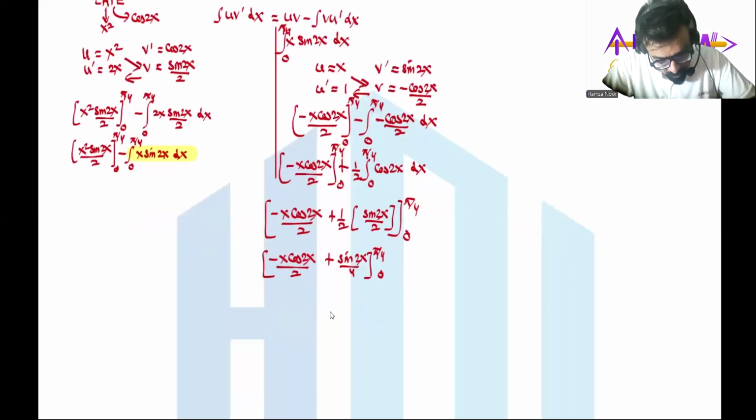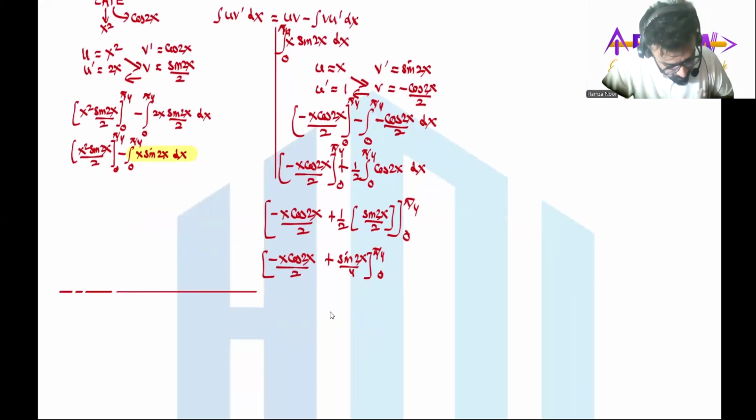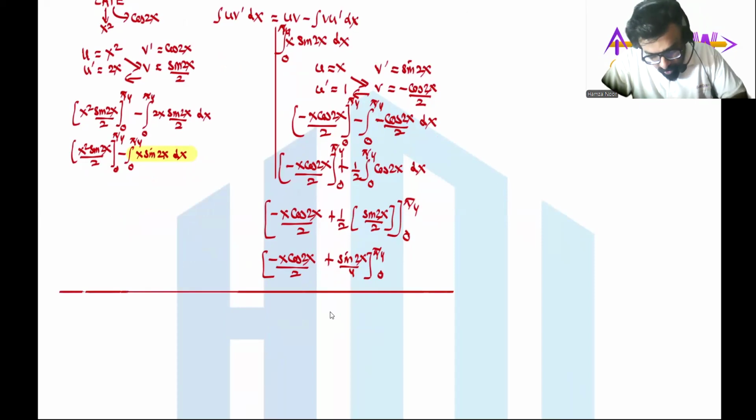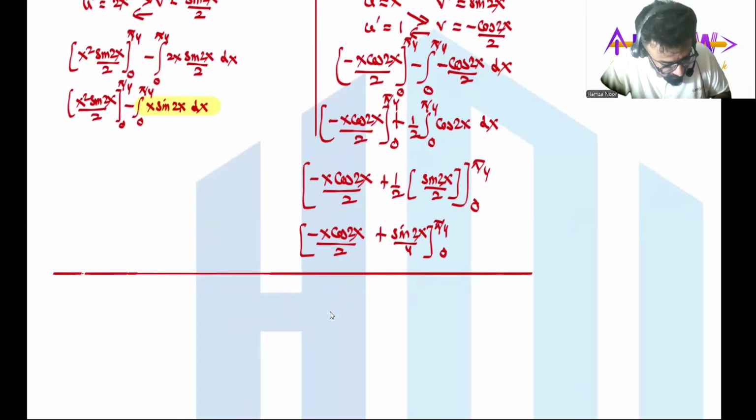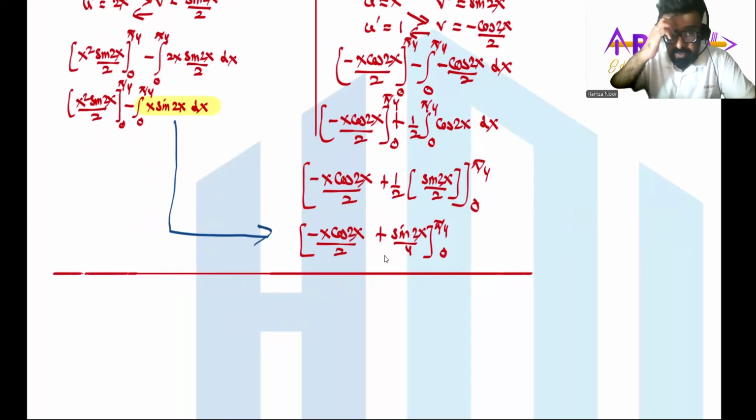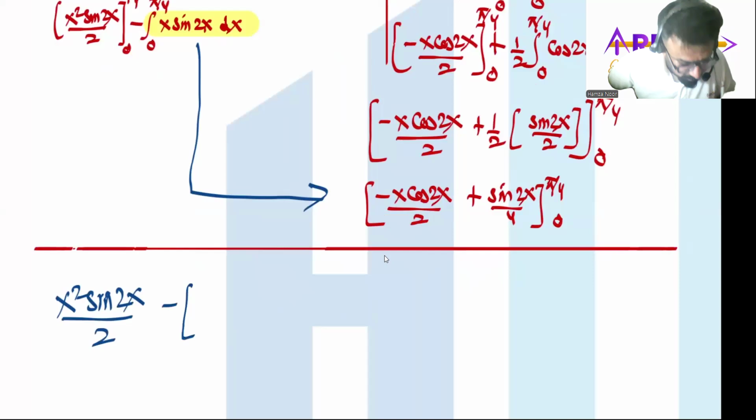So now I'm going to make a separator over here. All right. So as you know that when we integrated x times sine 2x with respect to x, we got this complete thing. So this essentially means that x squared times sine 2x over 2 minus the integration of x sine 2x with respect to x.